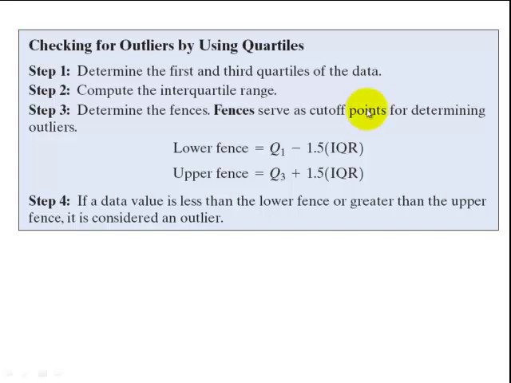So the lower fence would be Q1 minus 1.5 times IQR, and the upper fence would be Q3 plus 1.5 times IQR. Any data value less than the lower fence is going to be considered an outlier, and any value larger than the upper fence is going to be considered an outlier.